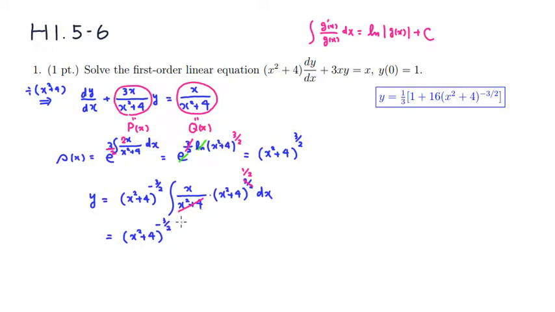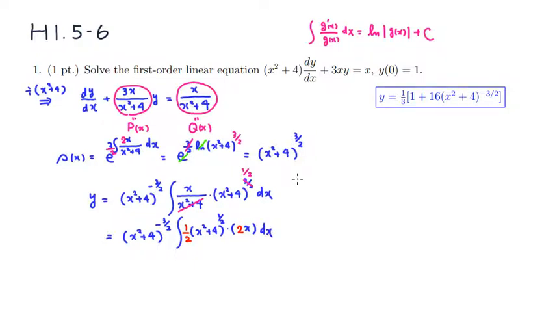Here, I'm going to write this integral this way: x squared plus 4 to the 1/2 power, multiplied by 2x, since the derivative of x squared plus 4 is 2x. So I multiply by 2, but I'm going to have to divide by 2, so I'm going to put 1 over 2 in front, and dx.